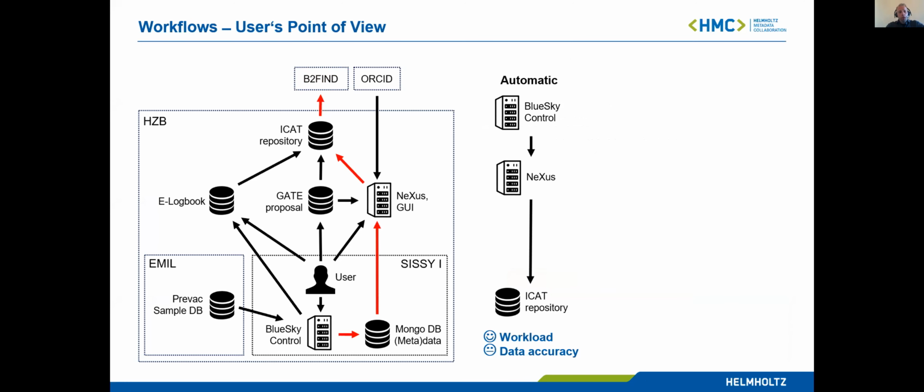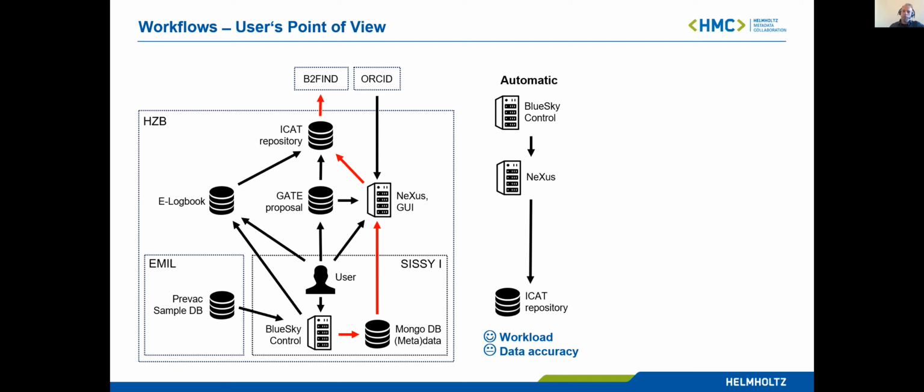Now I want to put the things together and present some workflows. In case of CC1, with an EMIL sample database, we suggest that we assume the data is quite complete, and so we can provide an automatic workflow where the Blue Sky control system starts the creation of the Nexus file automatically and ingests it to the ICAT.